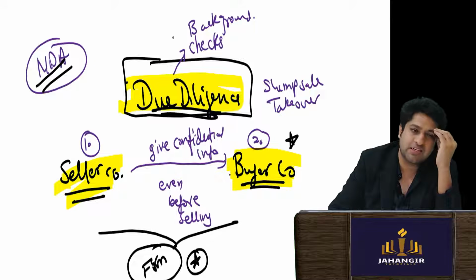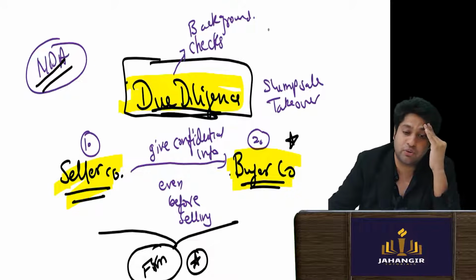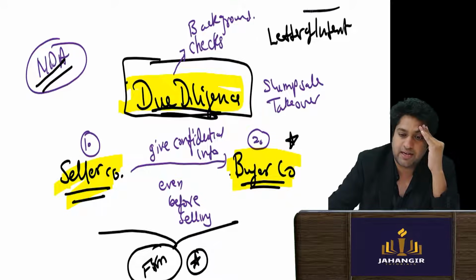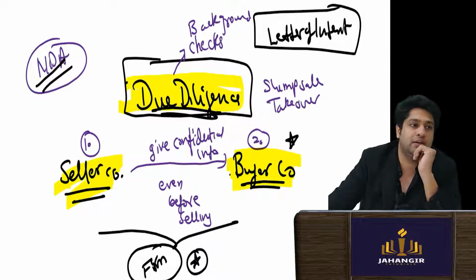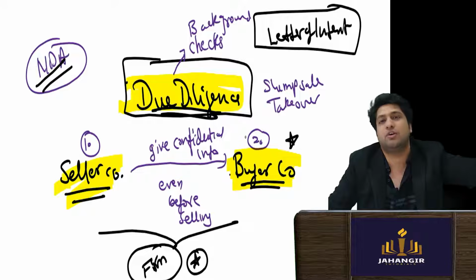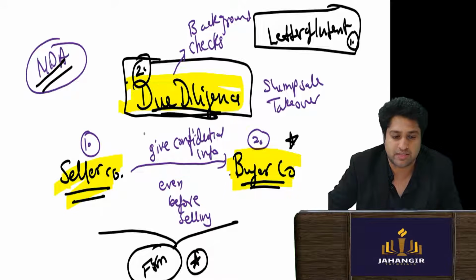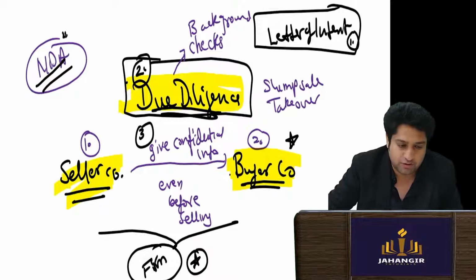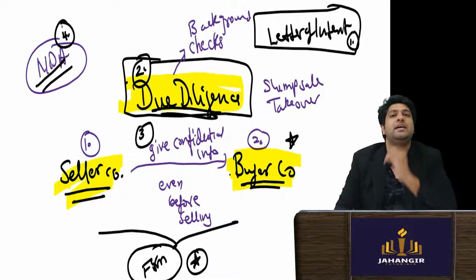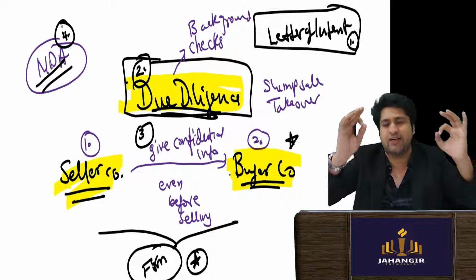Because then you will say that they will not share it with anyone. A letter of intent is first signed, that I intend to buy your company. So the buyer will send a letter of intent first. I want to do due diligence. Then we will share the information. Before sharing the information, we'll have an NDA. Is the concept perfectly clear, yes or no?